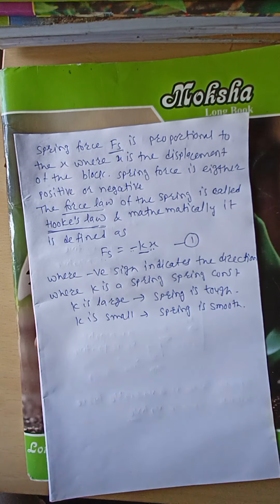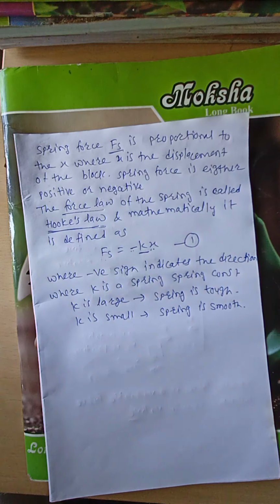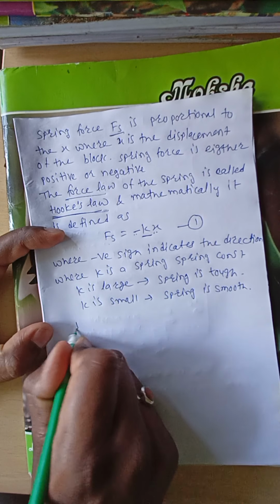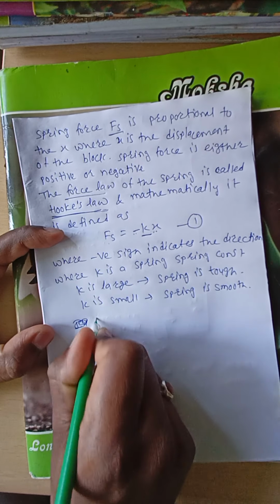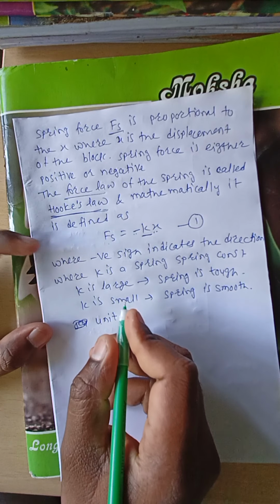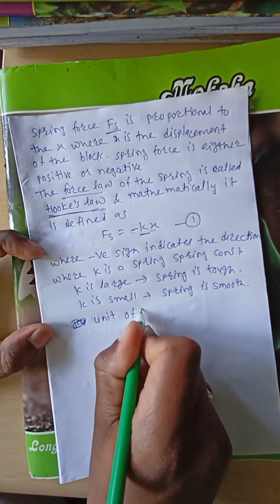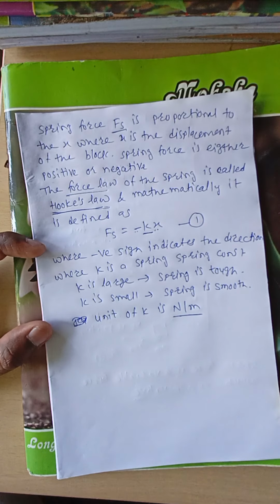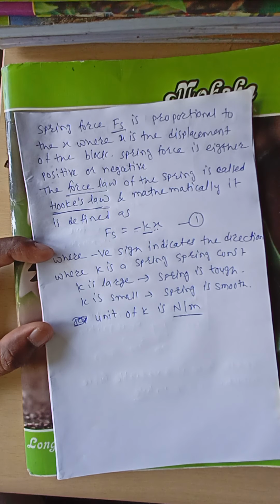When k is large, it is a tough spring. When k is small, it is a smooth spring. And the unit of k is Newton per meter.